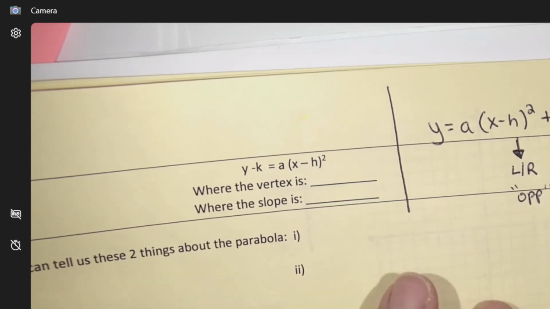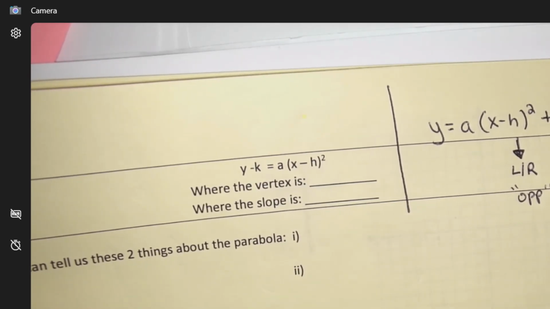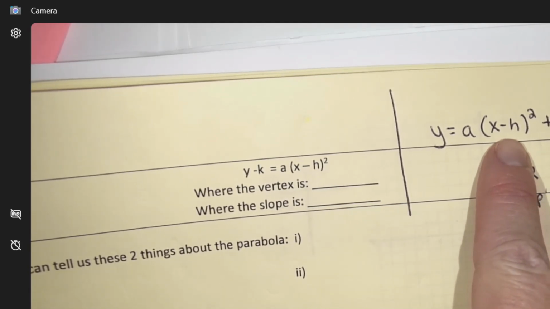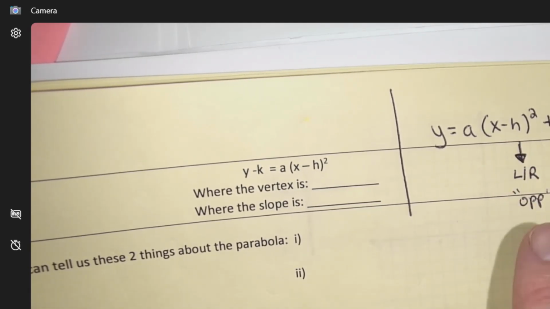And then the number at the end did an up or down, and it did it in the same way, right? So if it was like a plus 5, it went up 5. But here, if inside the bracket there was a plus 5, it actually went left 5.